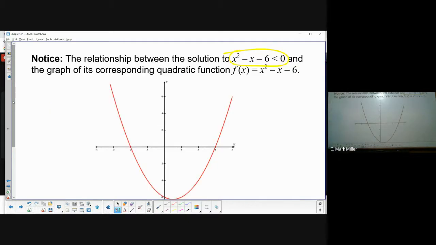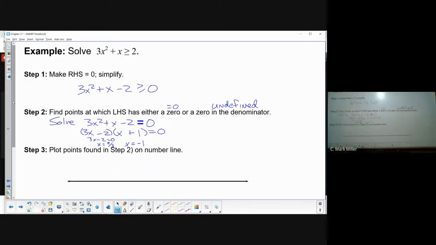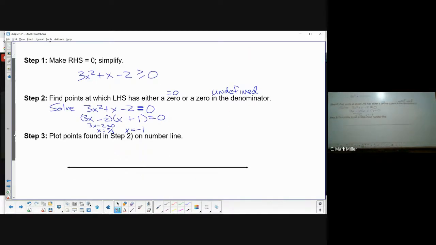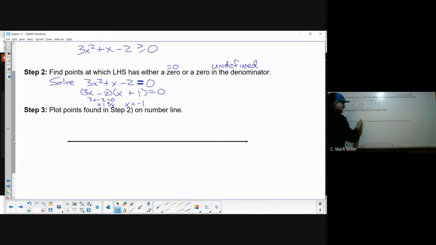And this tells you another reason why it's going to change signs, because a quadratic that has this shape changes signs at each of its x-intercepts. And so you plot those on the number line, minus 1 and positive 2/3.